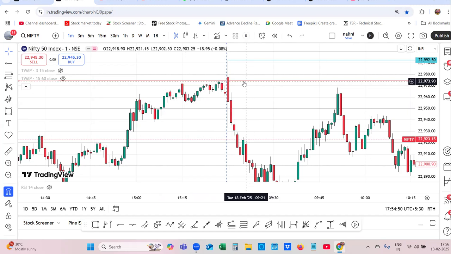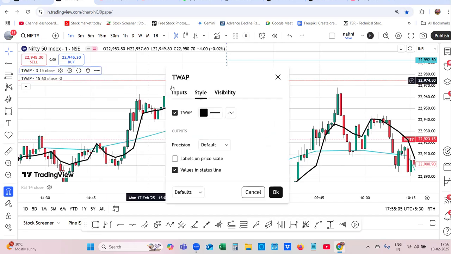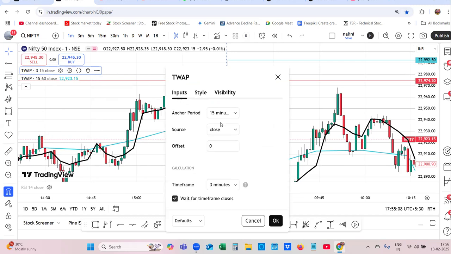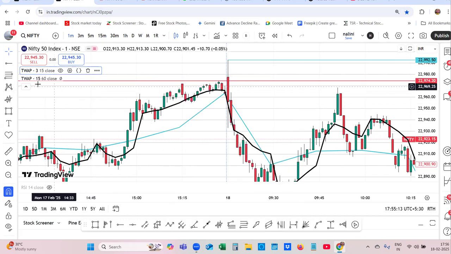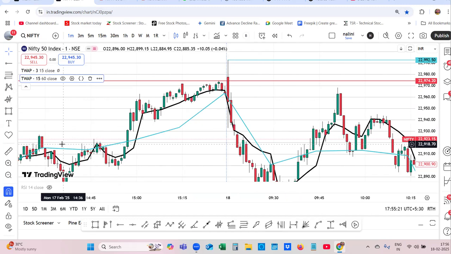If you are getting confused, you can enable two indicators, that is the TWAP and again the TWAP, with the setting for the first one being 15 minutes and 3 minutes, and the second TWAP being 1 hour to 15 minutes. The idea is to capture the long-term and shorter period TWAP, time-weighted average price.